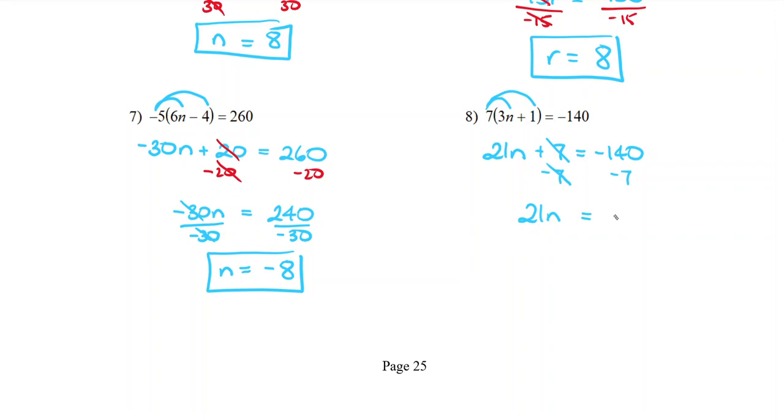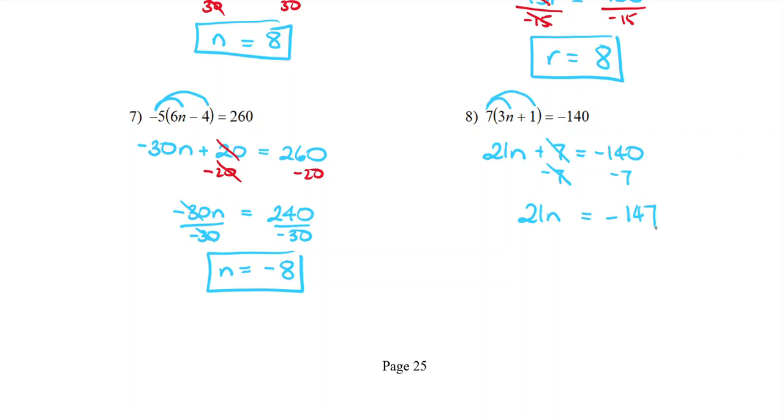Are you telling me the answer too? Not yet. Type in minus 140 minus 7. It should be minus 147. Did you do one of them positive?